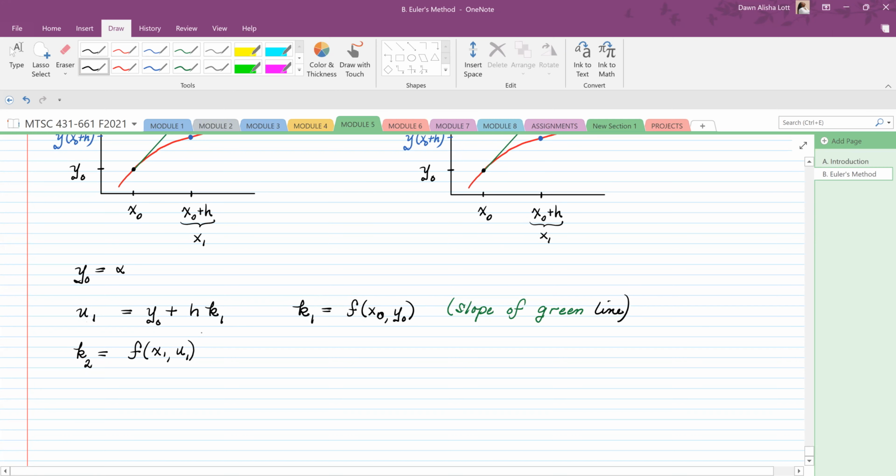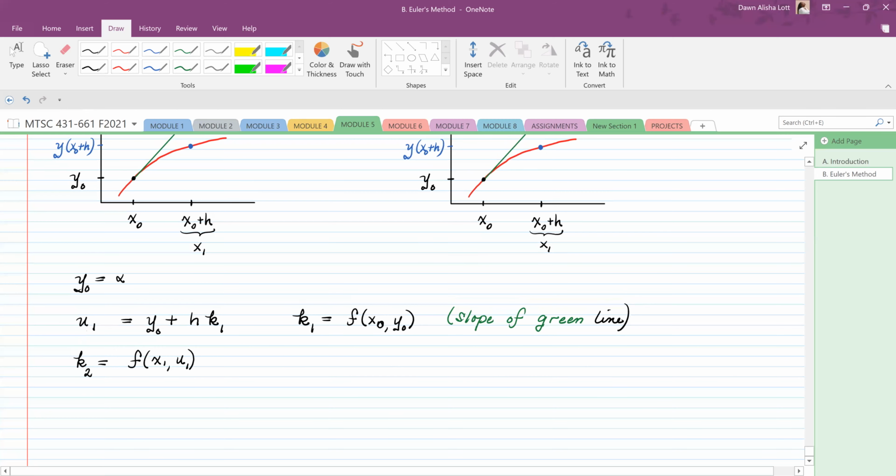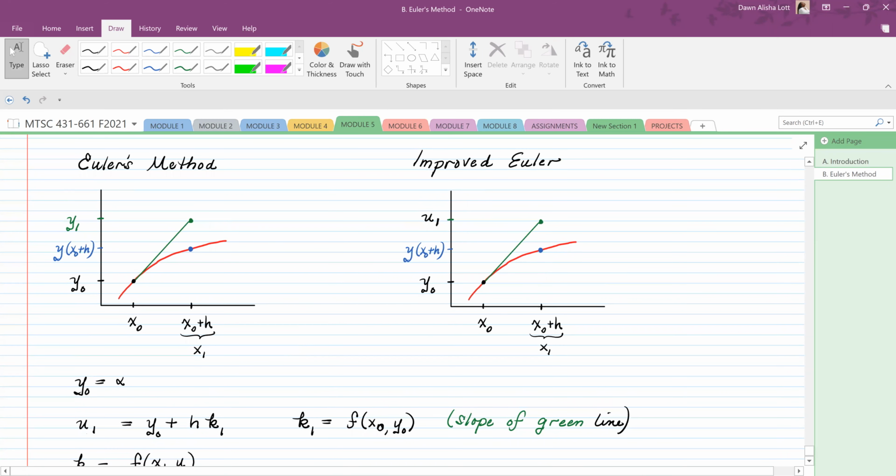So now I'm going to find the slope at that point. Whatever that slope is, there's some slope coming off of this point, that is f of x1, u1.